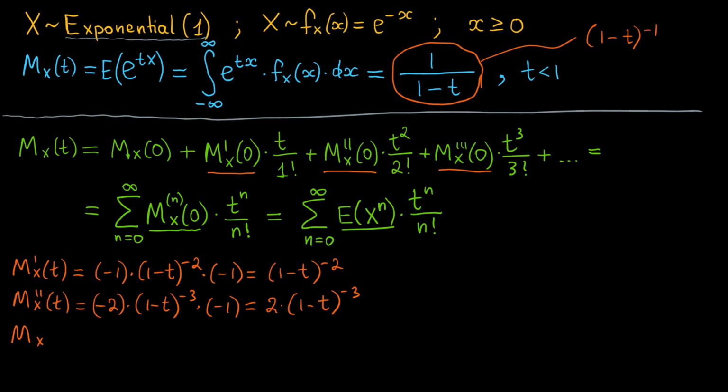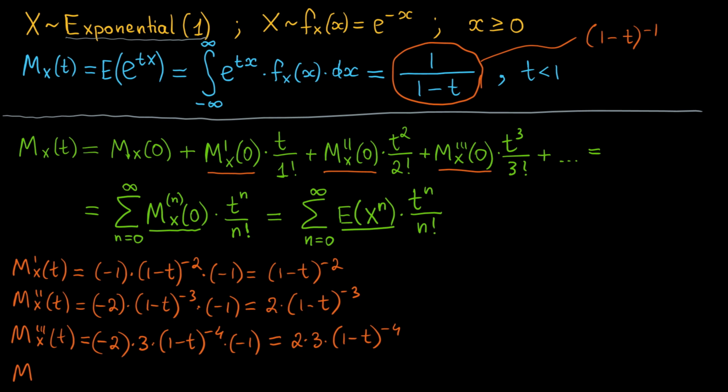And the third derivative: 2 times minus 3 will give us minus 6. But rather than writing minus 6, I'll keep these separate. So we got a minus 2 times 3 times 1 minus t to the power of minus 4. And by the chain rule, we need a minus 1. And that will give us 2 times 3 times 1 minus t to the power of minus 4.